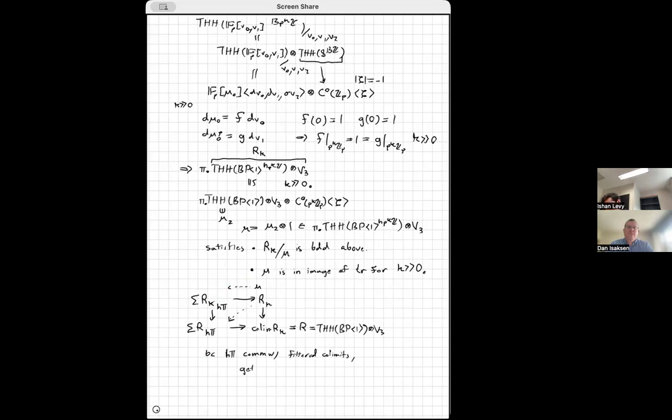You get a lift of mu for k sufficiently large. So it's just a compactness argument.